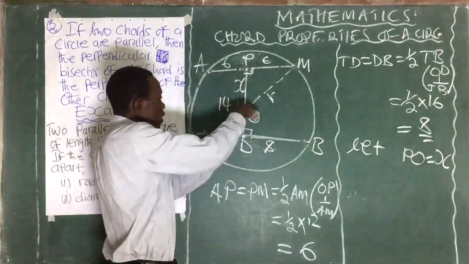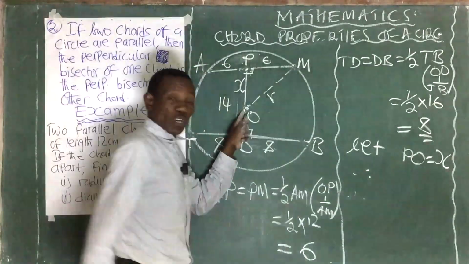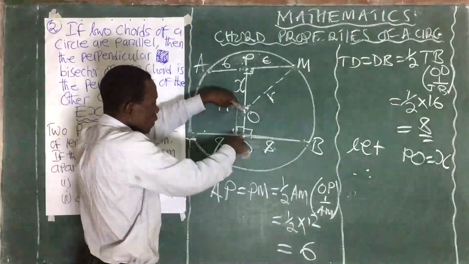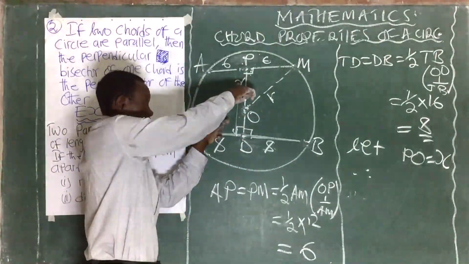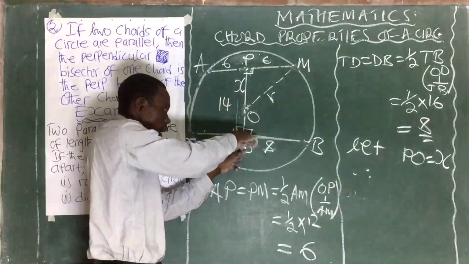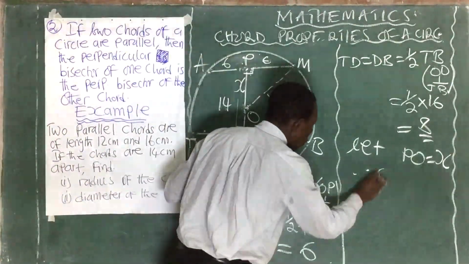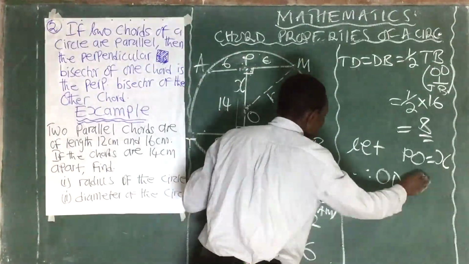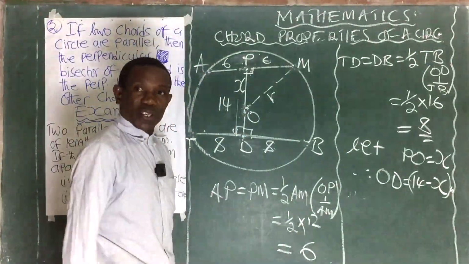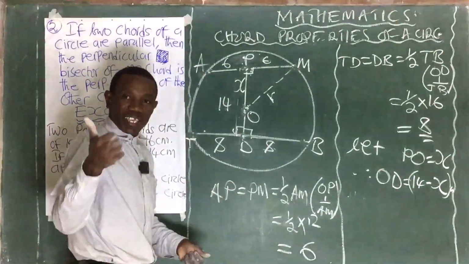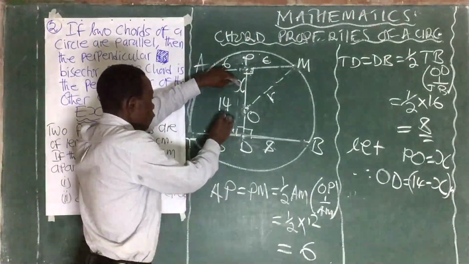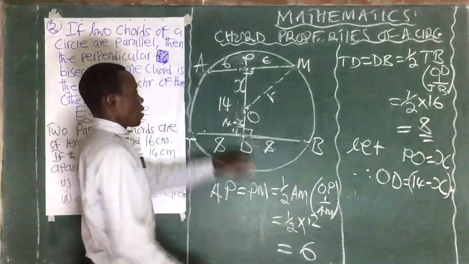If PO is X, then OD should be the difference between 14 and that X. From here up to that is 14, from here up to that is X. Therefore OD should be equal to 14 minus X centimeters. So this one has been split up into two parts: this is X, this is 14 minus X.